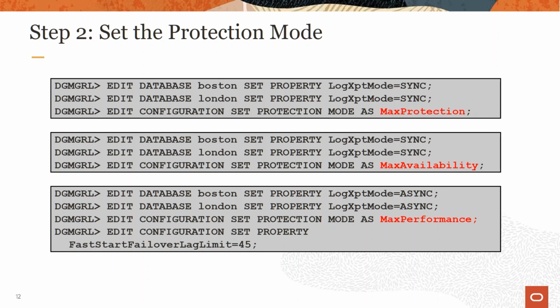If apply lag exceeds your requirement, then don't initiate fast start failover. So you can specify your requirement: I can lose data, but no more than 45 seconds in this example. You can set it lower or higher. What is the amount of data you can lose in the worst case? That will be your requirement. In that case, the Data Guard broker will not initiate a fast start failover operation if it's not possible to meet your requirement.